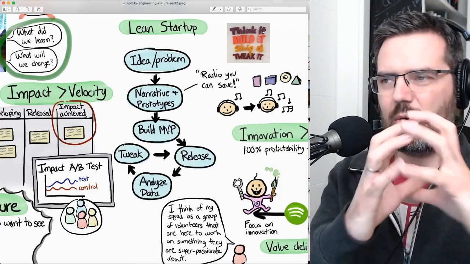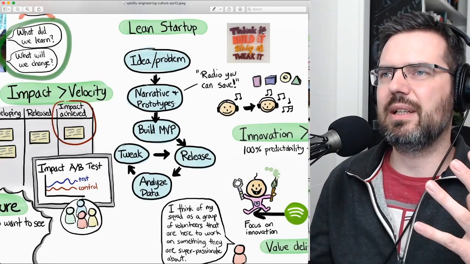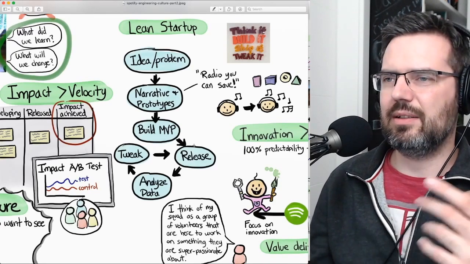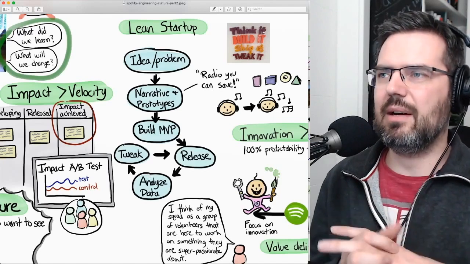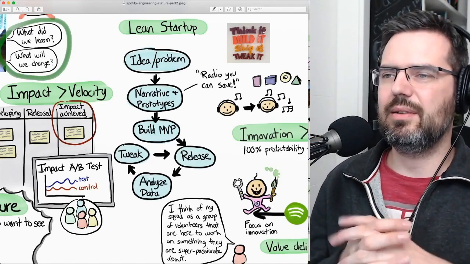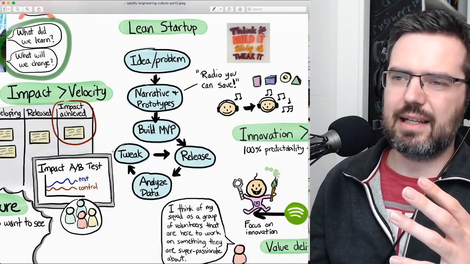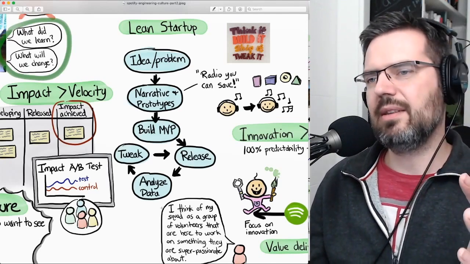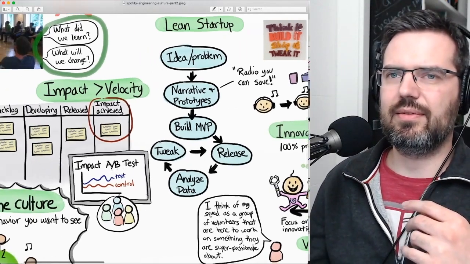This is the core essence of the new feature, of solving the problem of your product. Then you release it and analyze the data. How are people behaving? How are they using that feature? Then you can tweak it and release it again. Analyze it, tweak it, release it, and through this cycle you can basically improve all the stuff again.